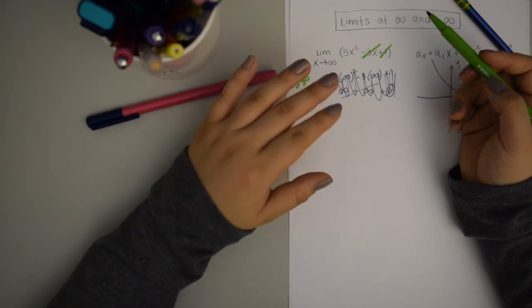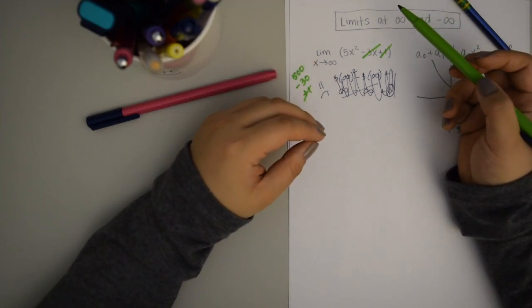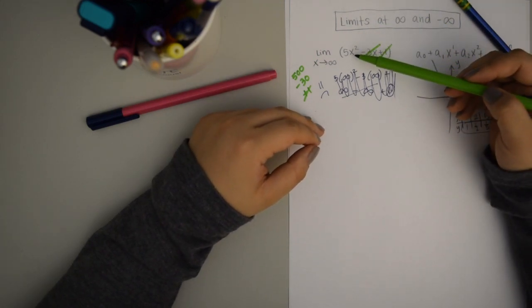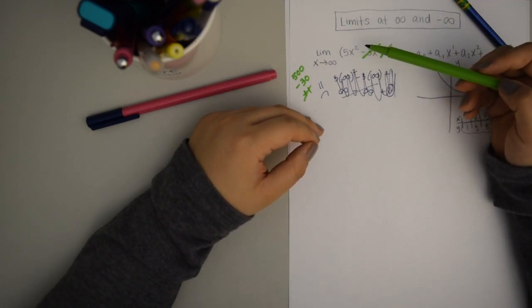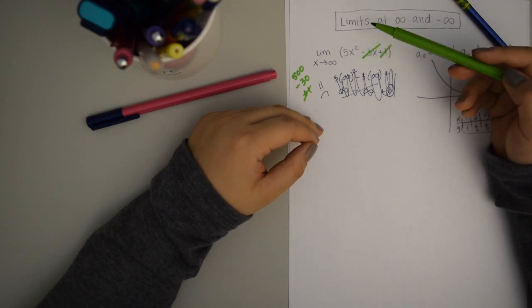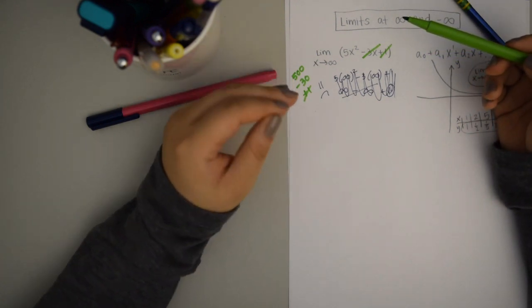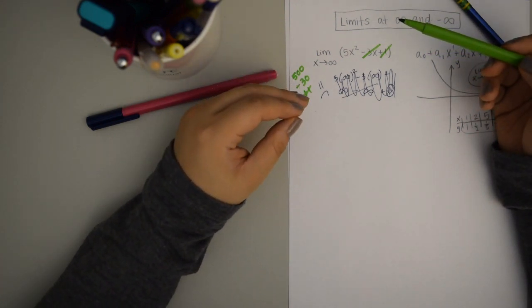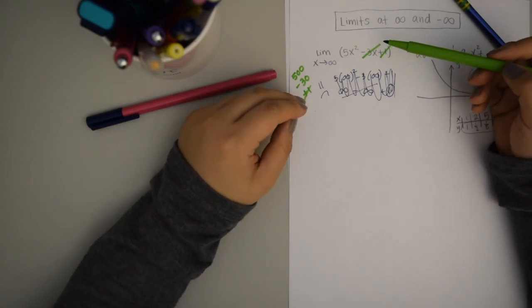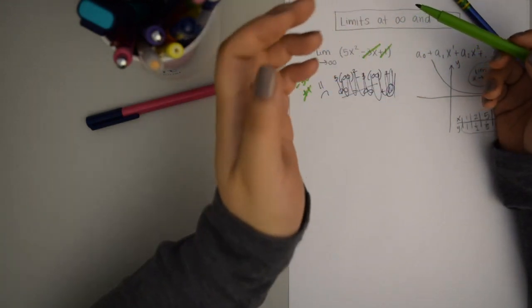Now imagine if we're talking about 1,000, so that's 10 cubed. 10 cubed squared is like a million. So we're talking about 5 million compared to 3,000, and then plus 1. These are negligible, especially when x gets super, super, super big.